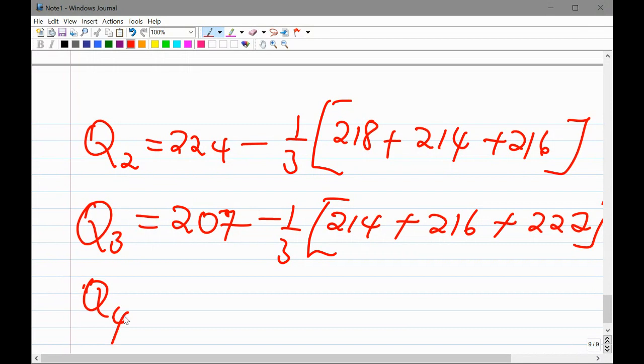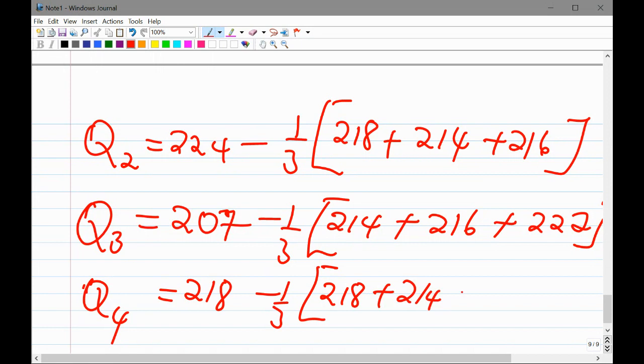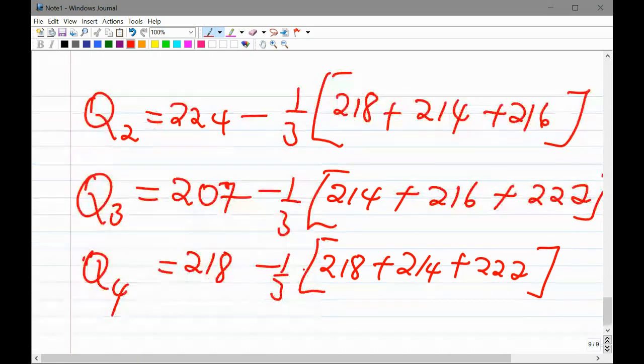For the fourth one, we don't have the value in line with treatment number 3, so we won't write the total for treatment number 3. 1 over 3, 218 plus 214 plus 222. Whenever you sum these, you must get 0.